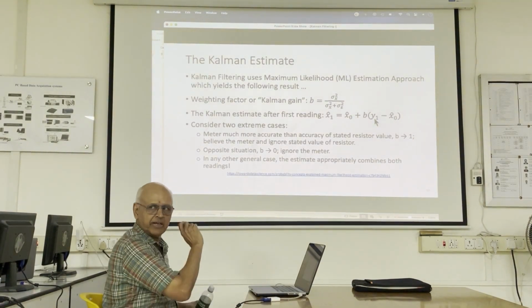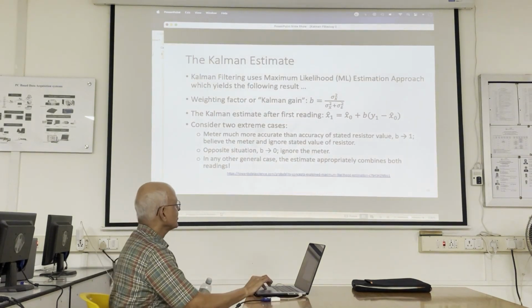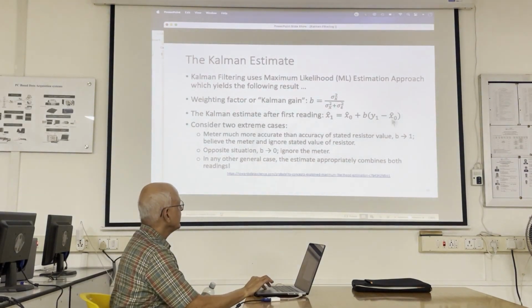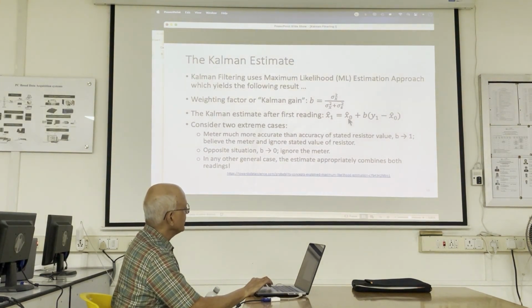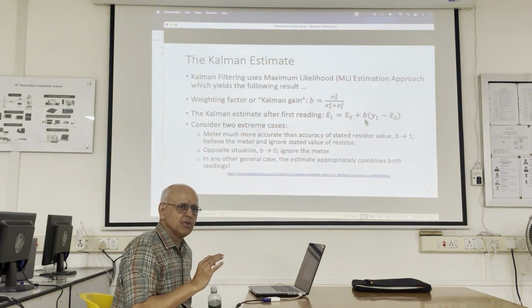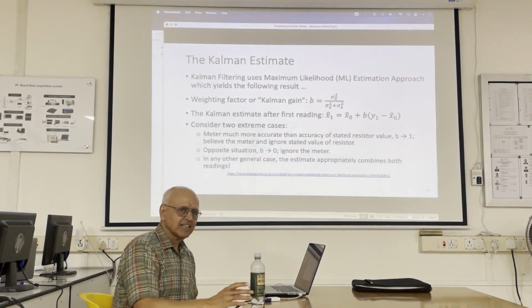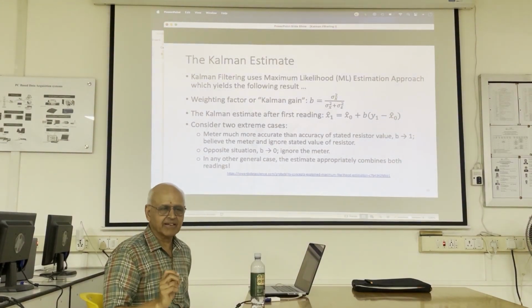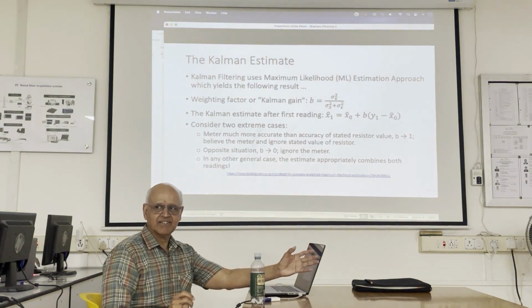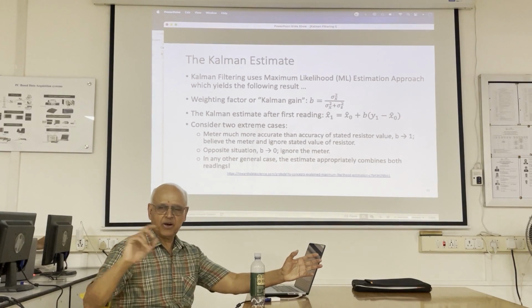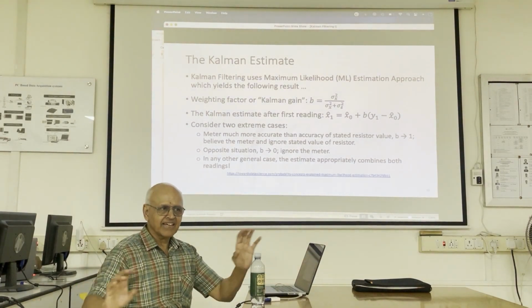Essentially I can expand this and combine the two terms with X0, and so I get a 1 minus B and a B here. That is beautiful, because you're saying, let's say B is 0.3. You're saying, I'll give a weightage of 0.3 to one and 0.7 to the other. And that makes perfect sense.